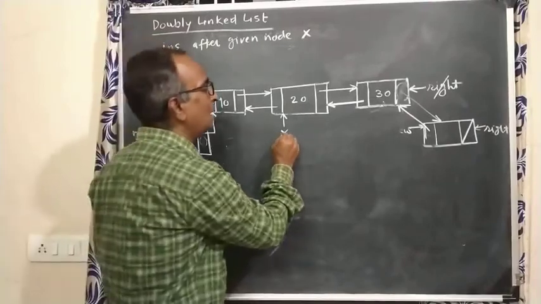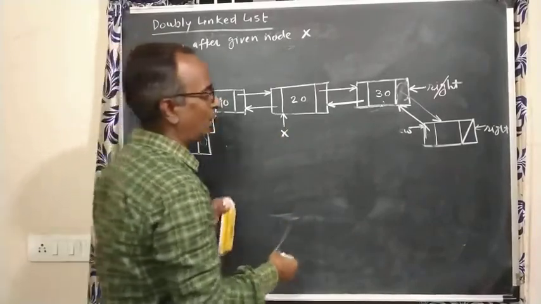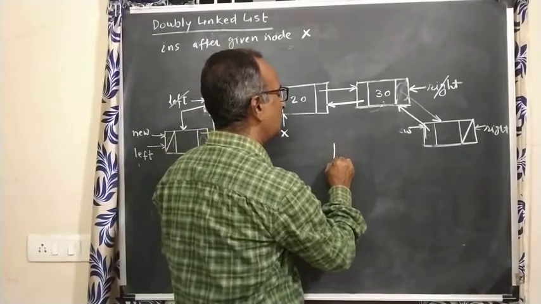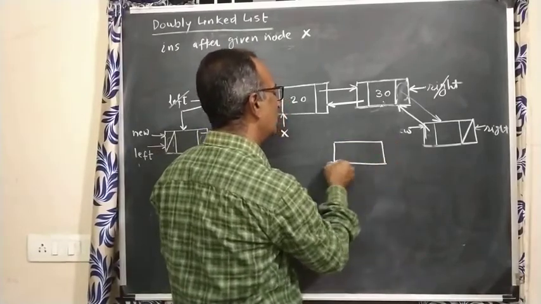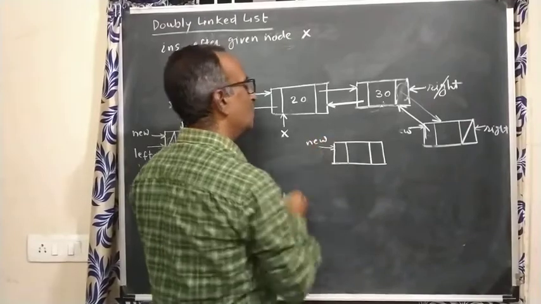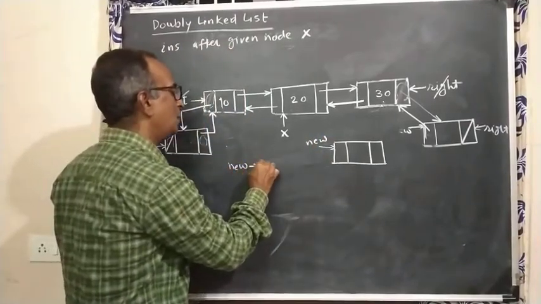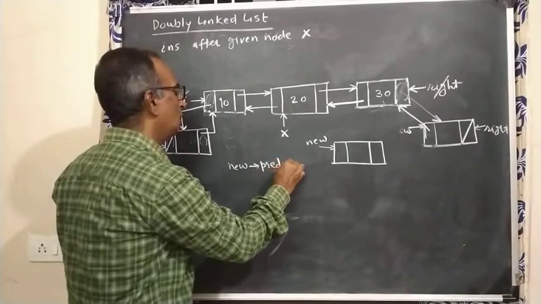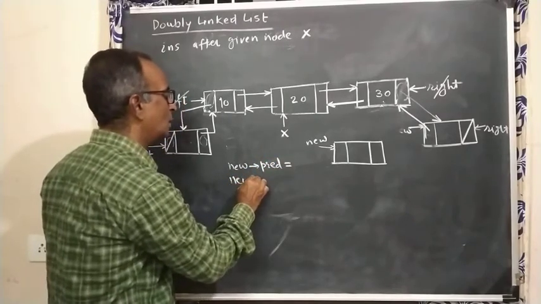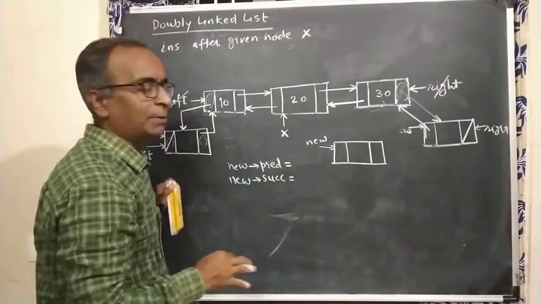Now after the given node X, if I want to insert, how to do that? Again the concept is the same. New node is created. This is new. Now what should you adjust first? New's predecessor field, then new's successor field. This we should adjust first.